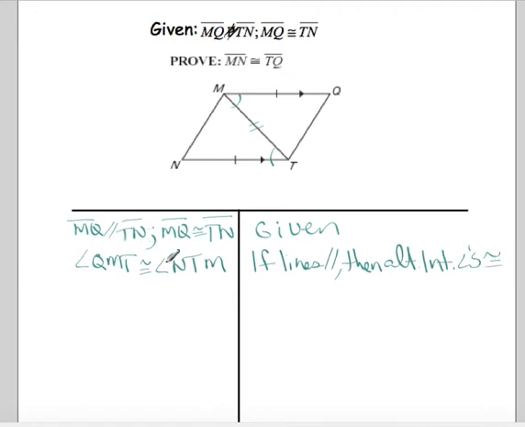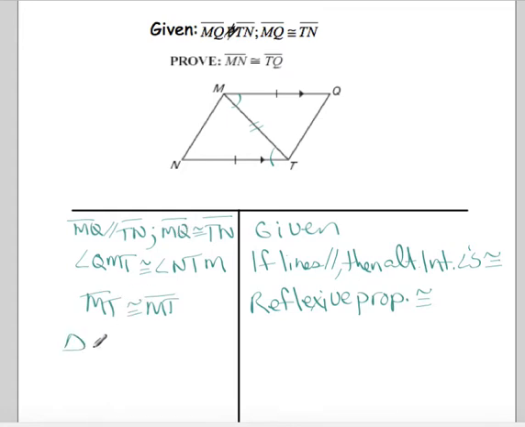And I put that second just because the parallel lines were right above it. Now I'm going to put my reflexive property statement in here, which is that MT is congruent to MT by the reflexive property of congruence. And now I have the three parts that I needed to say my triangles are congruent.